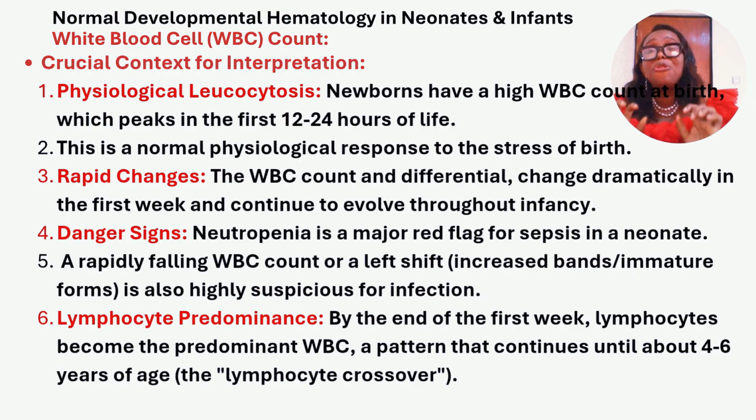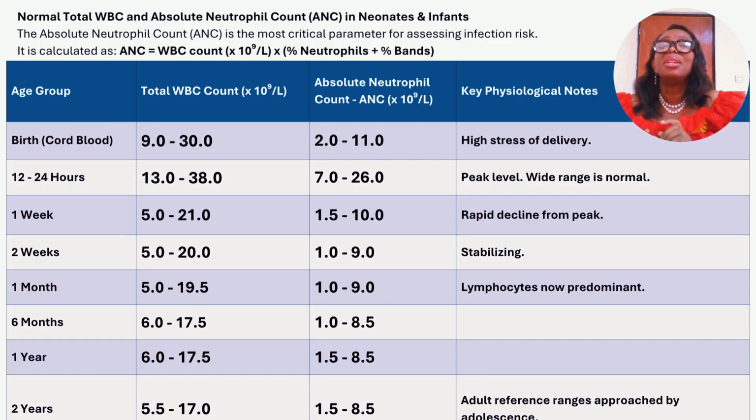There is lymphocyte predominance. At the end of the first week, lymphocyte becomes the predominant WBC, a pattern that continues until about 4 to 6 years of age. This is what we call lymphocyte crossover. This table shows us the total white blood cell count and absolute neutrophil count in the neonates and infants.